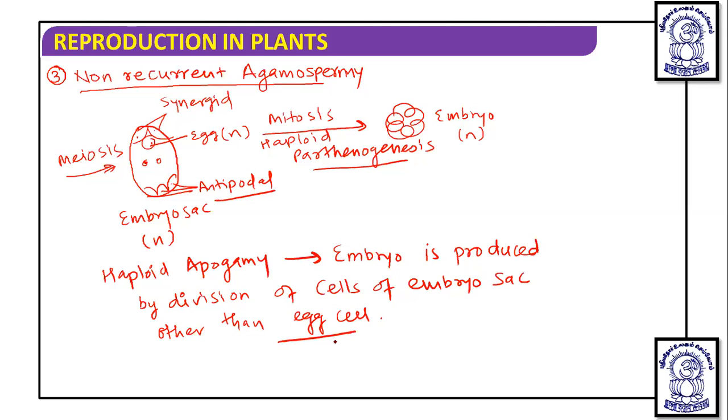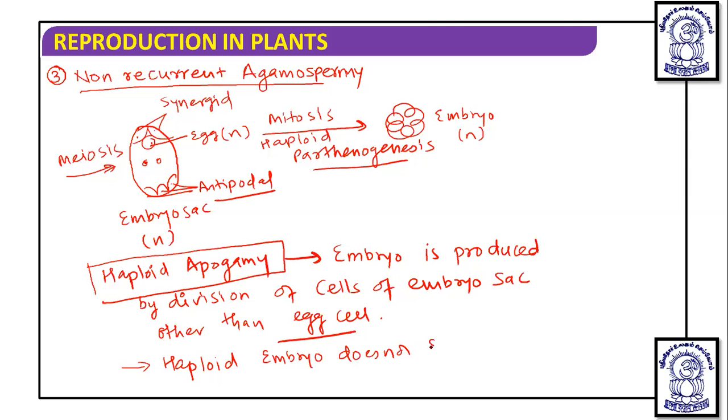If the embryo is produced, then this embryo is going to be haploid, and it is known as haploid apogamy. But in seed plants, such embryos are going to be haploid, and this haploid embryo does not survive. Okay, so this is one of the important peculiar things about this.